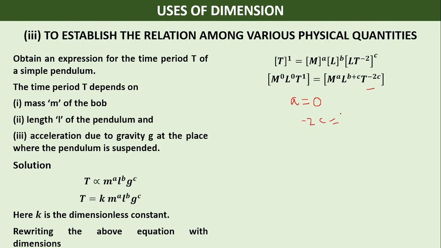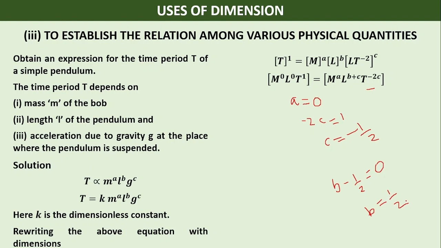Then we can say that C equals minus 1 by 2. And it is being substituted in this equation. In the power of L, we have B plus C. B minus 1 by 2, because we substituted the C value, which is equal to, on the left hand side, L power 0. So it is 0. So B equals 1 by 2.